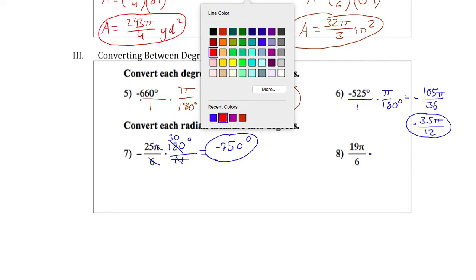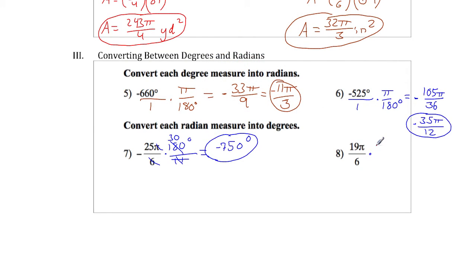And then again, same thing over here. I'll choose a different color so it doesn't blend in with number 6. And multiply by 180 degrees over pi. Same sort of deal. This is going to be 30 because that reduces to 1. The pi's cancel out.